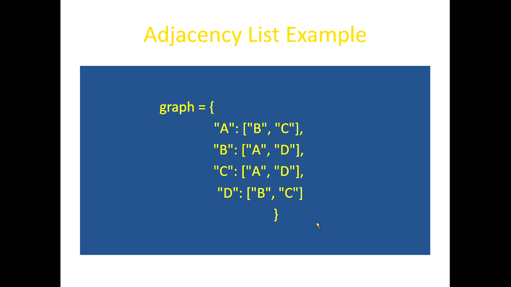The next one, let's see adjacency list in graph representation. So how does it look like? It looks like a graph here like this. It has a key and a list of values. So this is also memory efficient, and this is the type of graph mostly used in our projects. So adjacency list is the most widely used graph implementation.